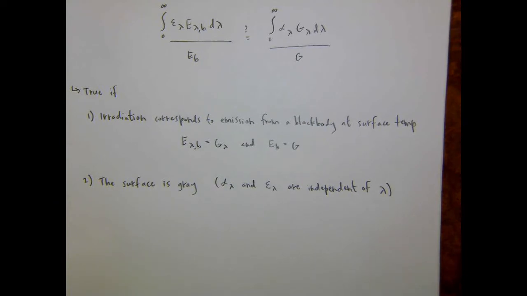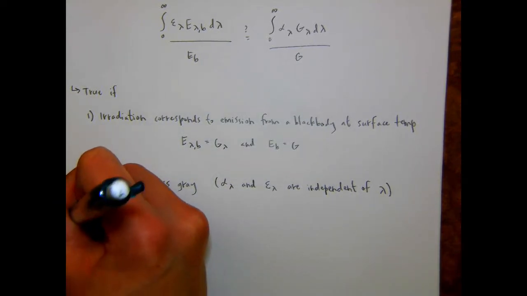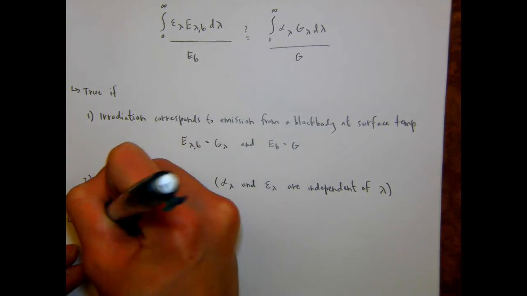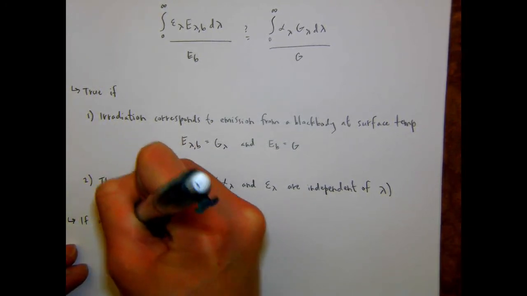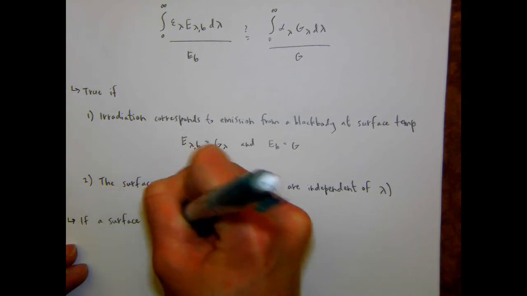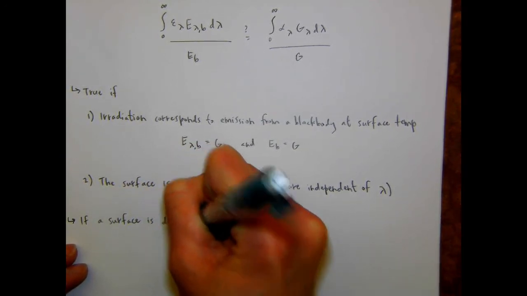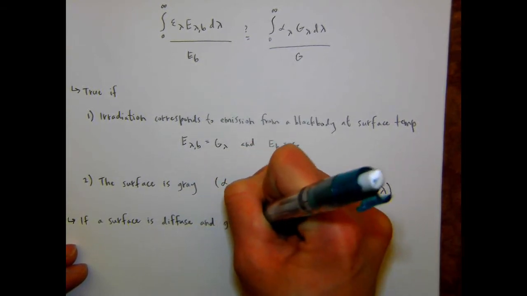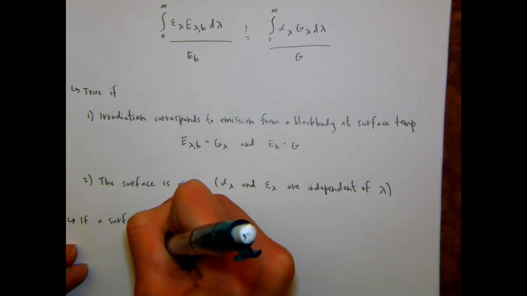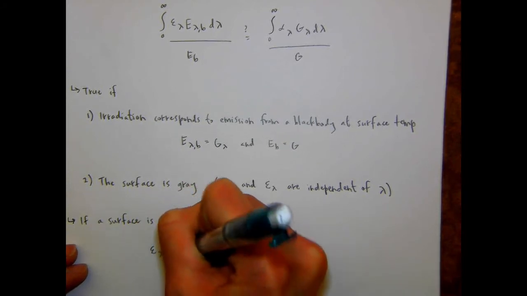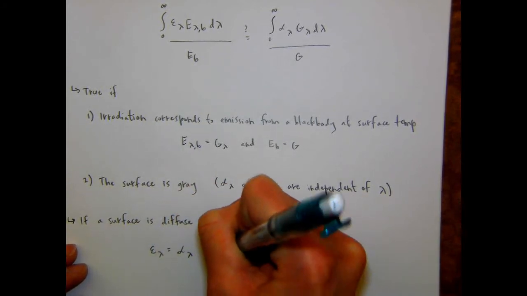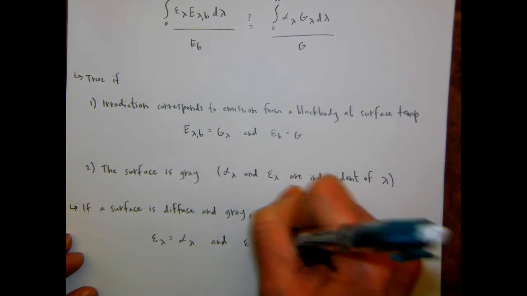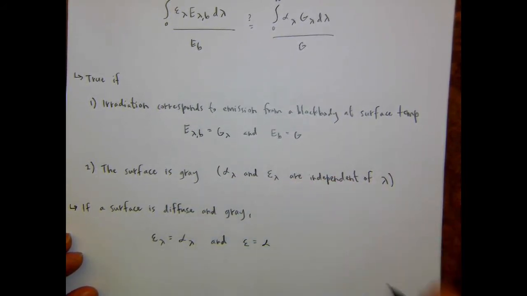So now we're able to say if a surface is diffuse and gray, the spectral emissivity is equal to the spectral absorptivity, and the total emissivity and absorptivity are equal.